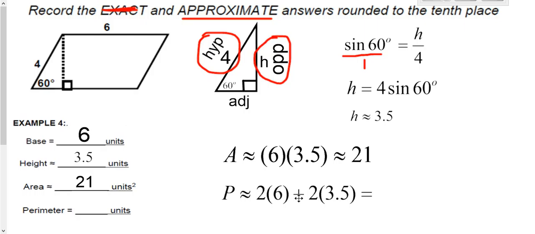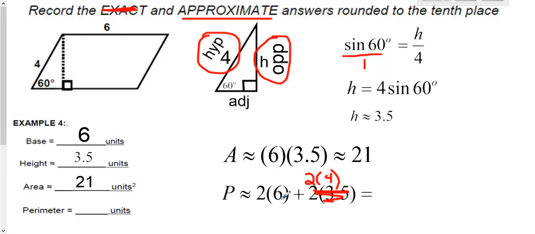Oh, I messed up here. Someone could have caught me. So I'm going to have to fix this. I put in the height instead of the length of this side. That can happen when you're not paying attention, Mr. Yeager. So this should really be 2 times 4.